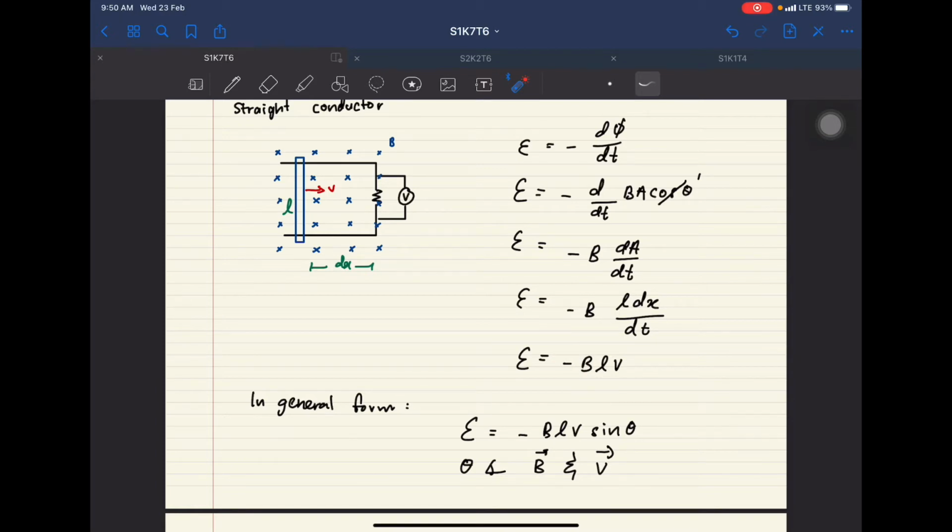So basically what you're going to do is put your thumb in the direction of the V here, and then the magnetic field with your four fingers, and then because this one is a current direction, you want to determine the direction of the current, you just have to follow the direction of the palm. In this case, current will be pointing upwards on the straight conductor itself.